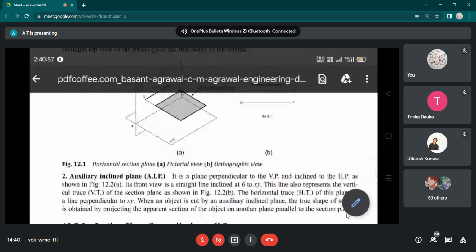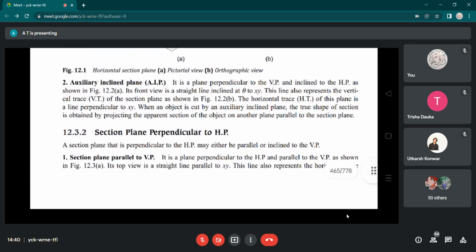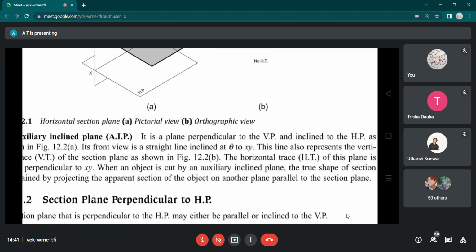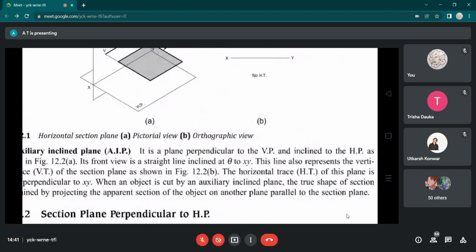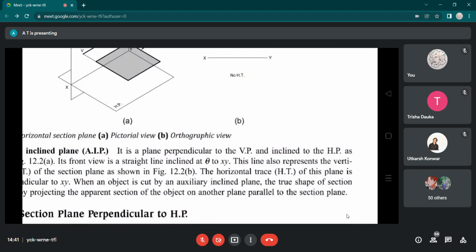So this plane is given here as the auxiliary inclined plane AIP, a plane perpendicular to VP and inclined to HP. Its front view is a straight line.